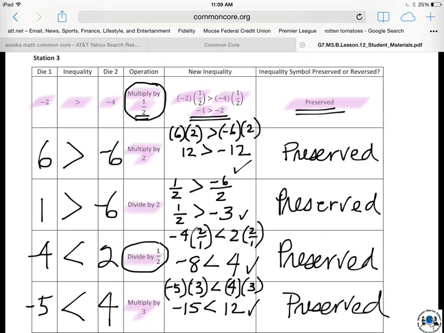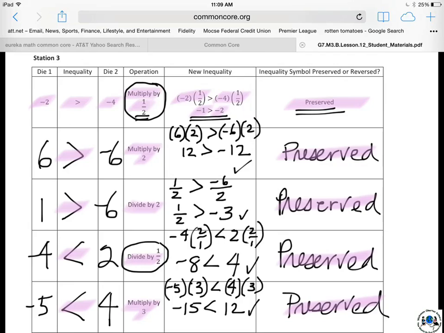Okay, so here we are, station 3. We wrote out all of our inequalities first. Right here, greater than, less than, and less than. Okay, so let's see what happened. What do we notice here? All were preserved, and hopefully you had all of those as preserved as well.